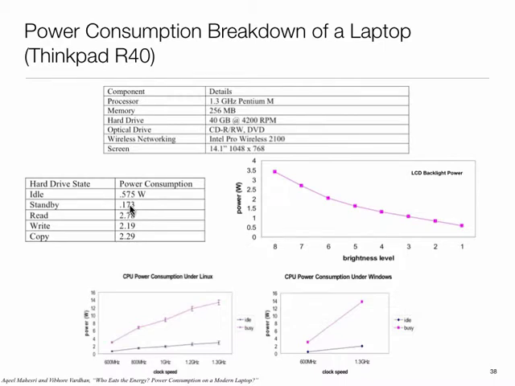In standby mode, the disk stops spinning, and then there is active mode. So the hard drive has a fair number of modes. Display, again, you can affect its brightness level, and there is a direct contribution because of that. Then there is CPU power, and CPU power under different operating systems, how they make use of it. All these factors come into play.